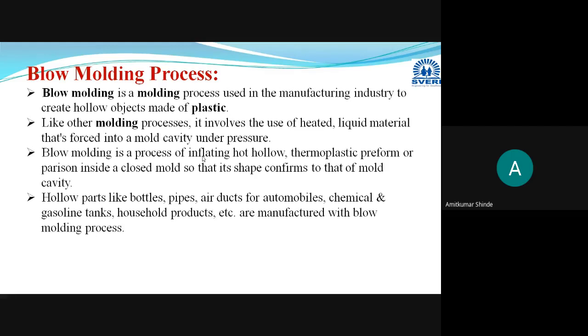Initially, whichever thermoplastic material is there, we are going to manufacture a tube, having a certain smaller length. It will be tubular or cylindrical in nature, a small hollow tube, and it is manufactured by heating the plastic material and performing an extrusion operation.